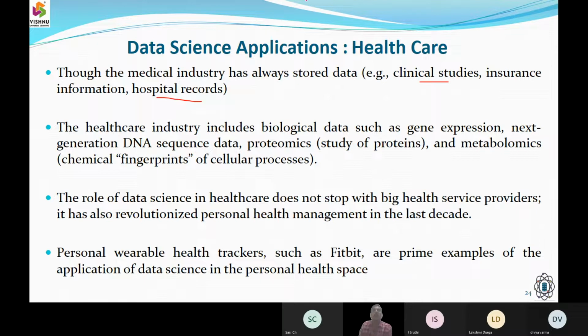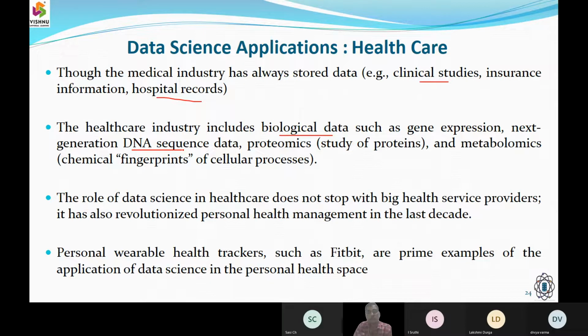Healthcare relies purely on this industry, where data science works on biological data, gene expression, and DNA sequencing, and makes studies of the health issues related to the patient, and thereby gives a set of health services for the patient.